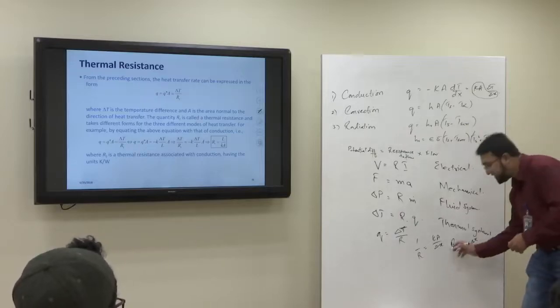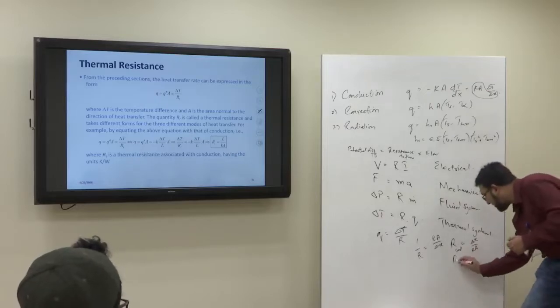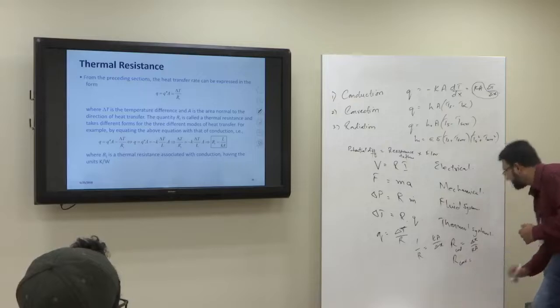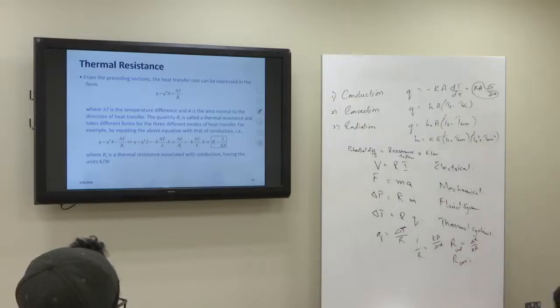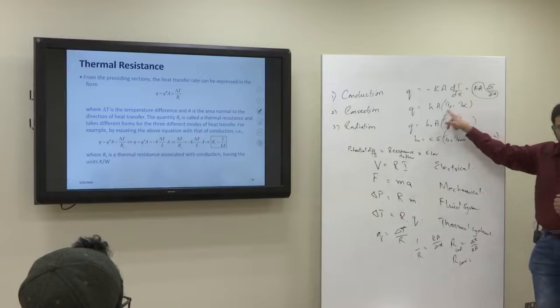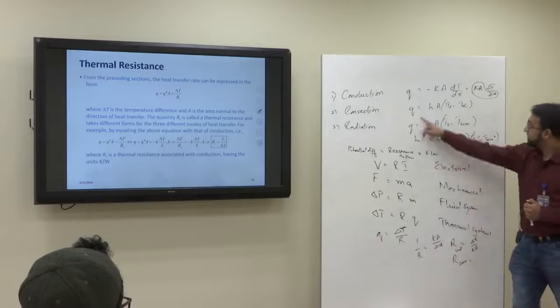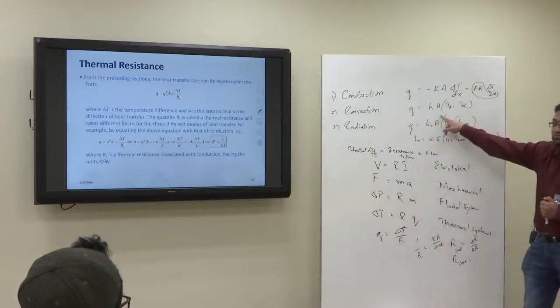Now, in the similar fashion, we can find the convective resistance, R convection. So what will be R convection? Now you tell me. Delta T is here, Q is here. So 1 upon R is HA.